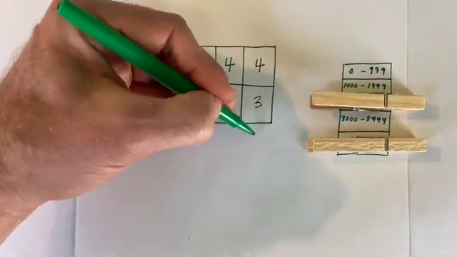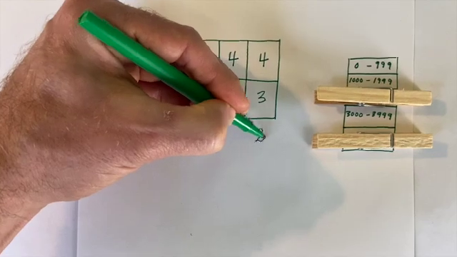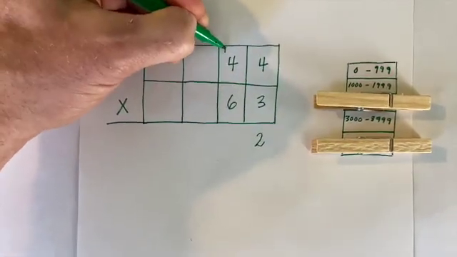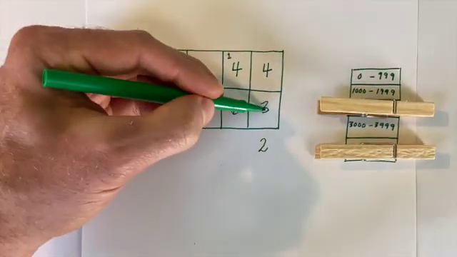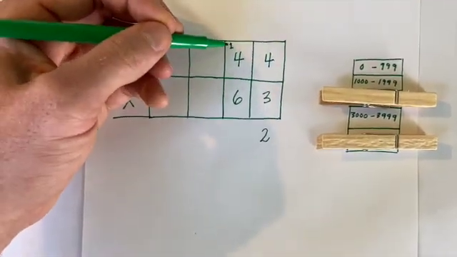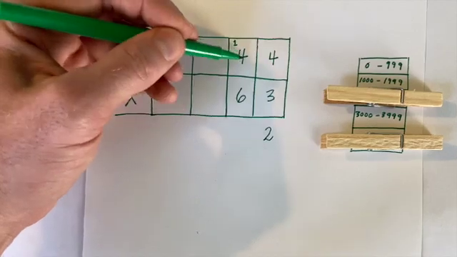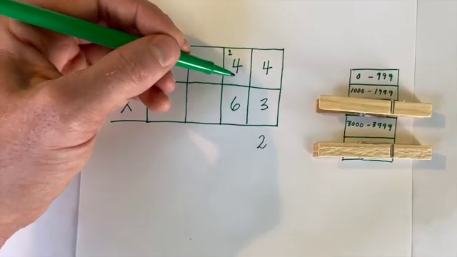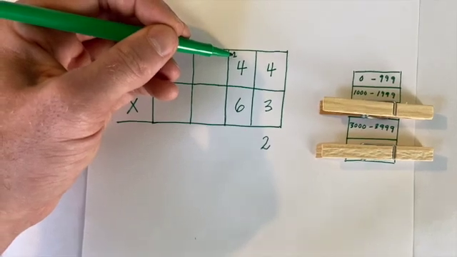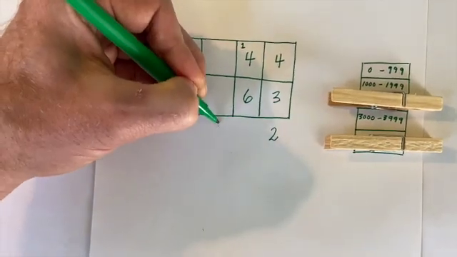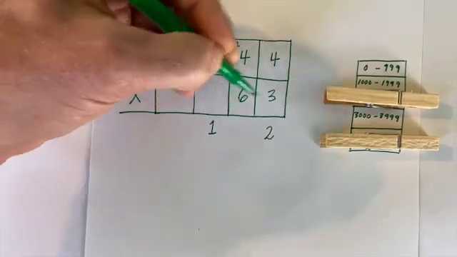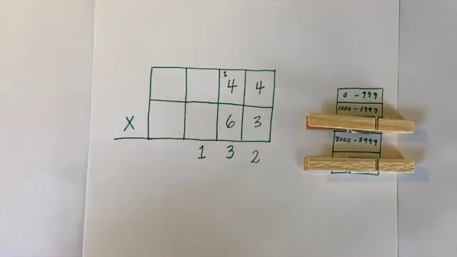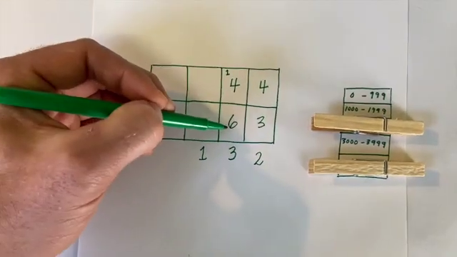3 times 4 is 12, so I'll put the 2 in the 1s column, carry the 10 into the 10s column. 3 times 4 is 12, plus, that's actually 3 times 40, so that would be 40, 80, 120, but then there's an extra 10 there, so it's going to be 130. Now, I need to move on into the 10s column.